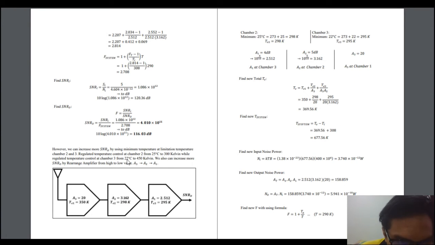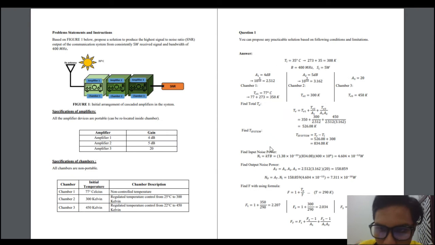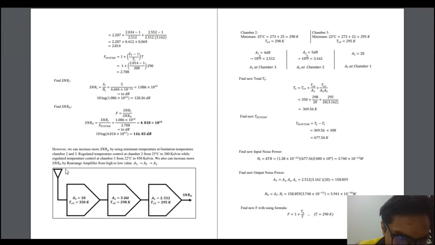And for the amplifiers, we are going to rearrange them from high to low, so from A3, which is 20, to A2 and A1. So 20, 3.162 and 2.512. This is our new arrangement, from A3, A2 and A1, and TE1 is 350 Kelvin, TE2 is 298 Kelvin, and TE3 is 295 Kelvin.